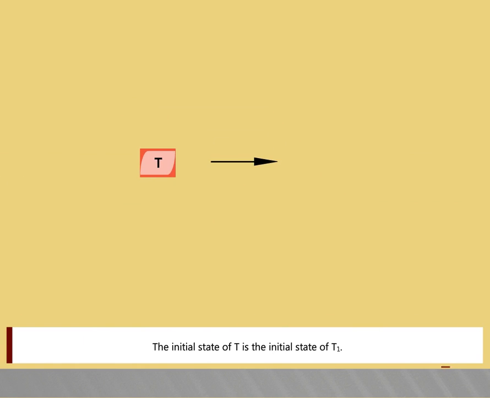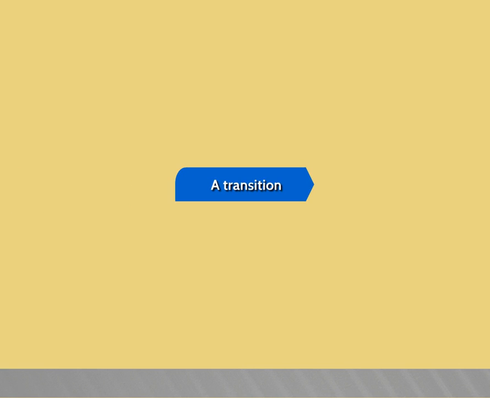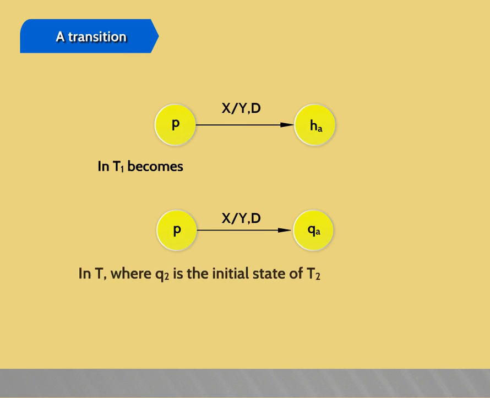The initial state of T is the initial state of T1. The transitions of T include all those of T2 and all those of T1 that don't go to ha. A transition in T1 that goes to ha becomes, in T, a transition to q2, where q2 is the initial state of T2.